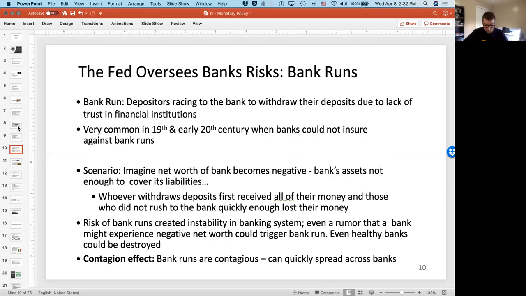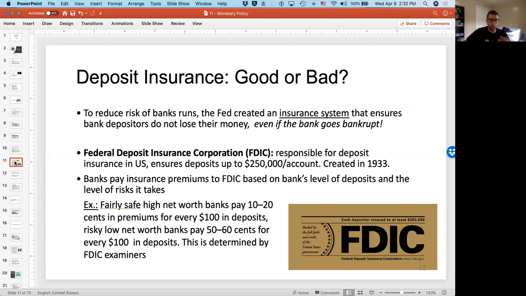Probably not. So in order to avoid those types of bank runs, or to guarantee that if a bank actually goes bankrupt, people are not gonna lose their money, the Fed created a quite nice tool called deposit insurance. Deposit insurance right now guarantees that if you have up to $250,000 in your bank account and the bank goes under, you're still gonna have your money back.